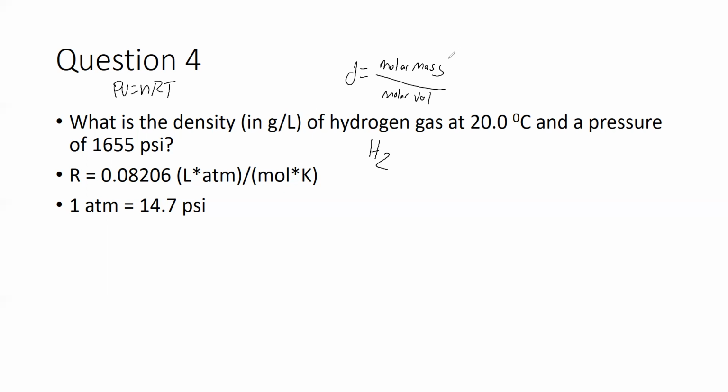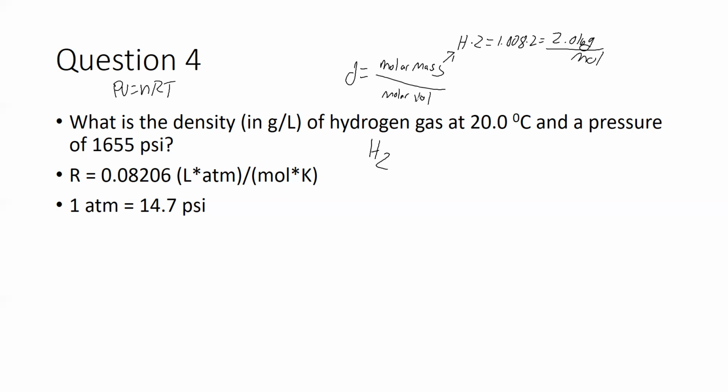Molar mass is from the periodic table, right? So the molar mass of H2 is the weight of hydrogen times 2, which is 1.008 times 2 is 2.016 grams per mole. That's easy to figure out. Now we need the molar volume.